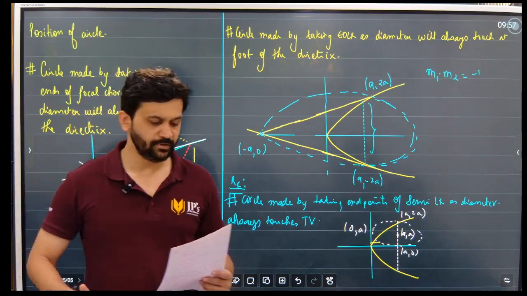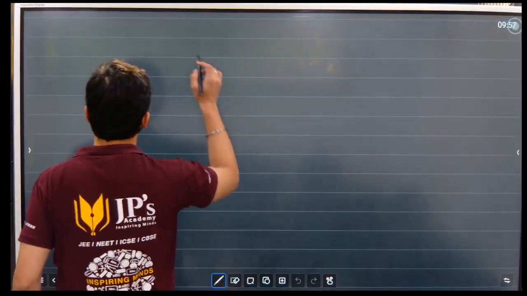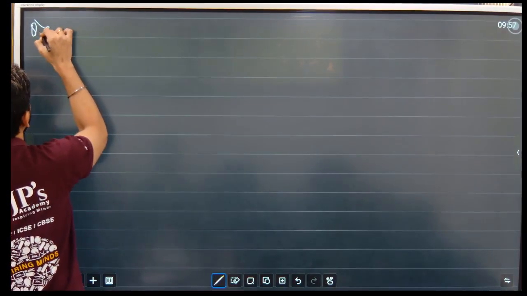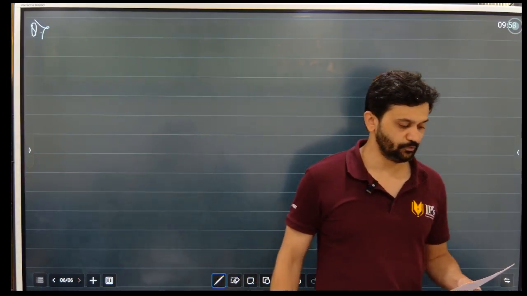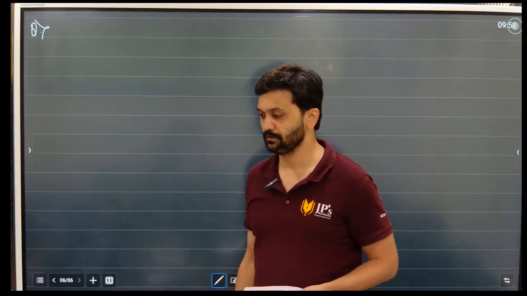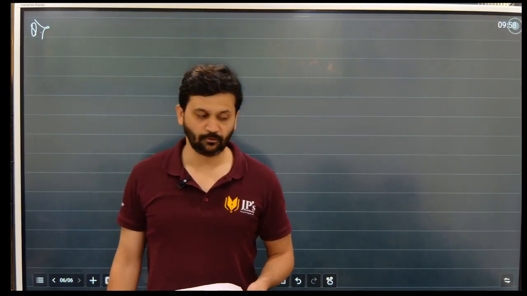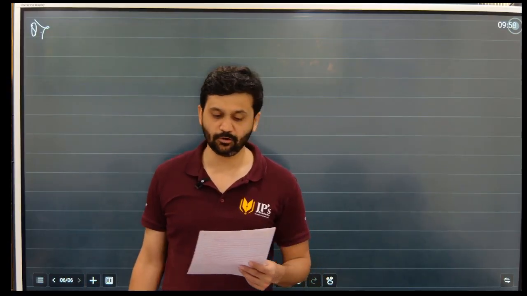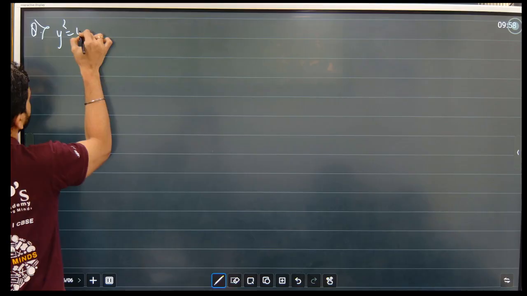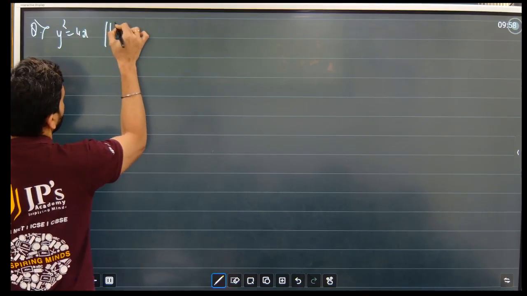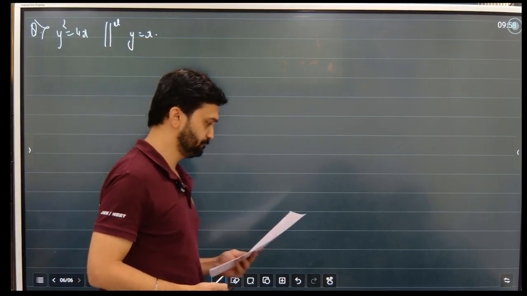A variable chord PQ of y square is equal to 4x is drawn parallel to y is equal to x.